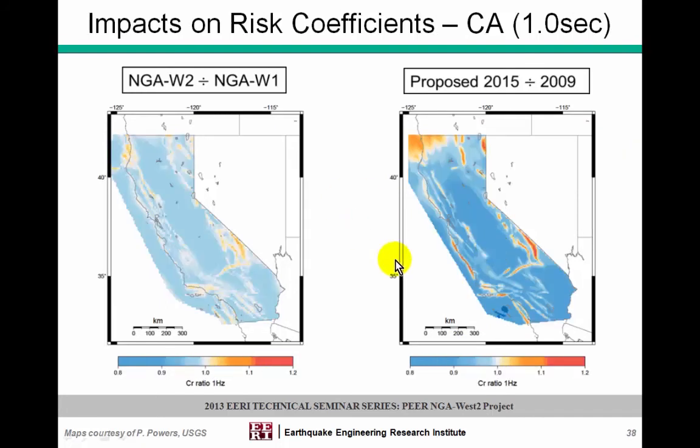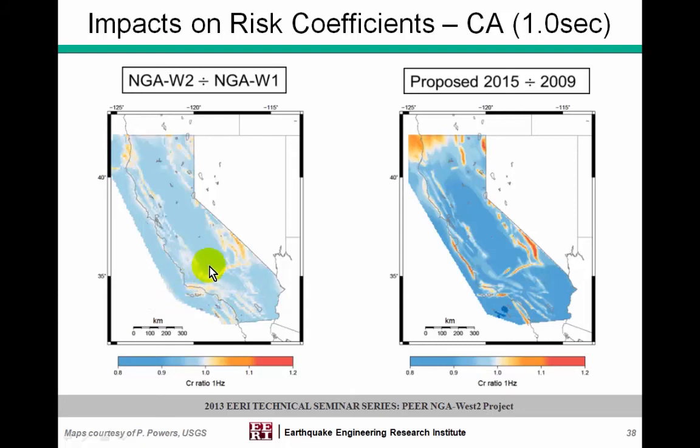And then you can look at this in terms of risk coefficients. Remember, risk coefficients are a quantification of the shape of a hazard curve. So here on the left, when we're changing from NGA West 1 to NGA West 2, this is basically showing how much NGA West 2 has changed the shapes of hazard curves. And it really hasn't changed it much.